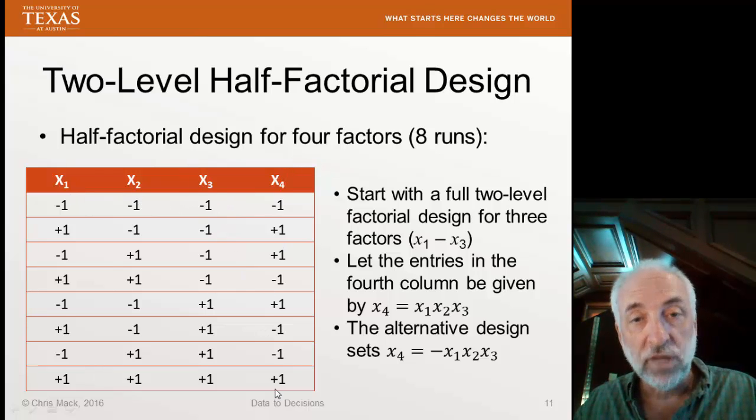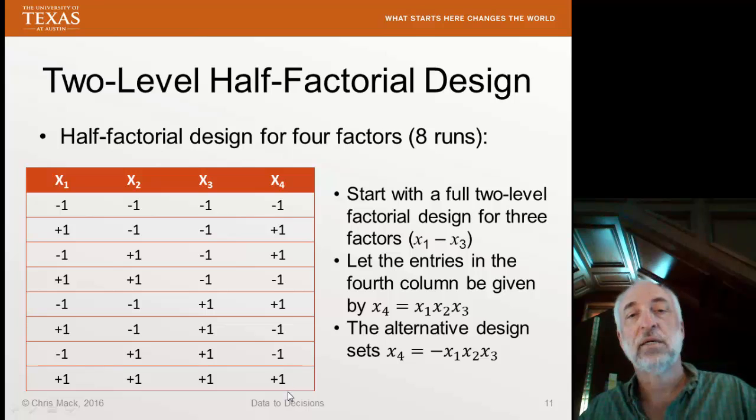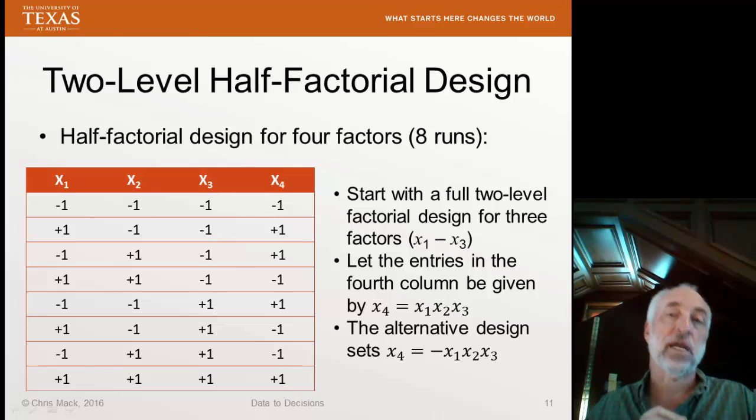Now, the 4th column, x4 for the 4th variable, I generate as the product of the previous 3 variables. So in other words, I make x4 equal to x1 times x2 times x3. So here, -1 times -1 times -1 is -1. +1 times -1 times -1 is +1, etc. And I do that all the way down, and I get the values I need for x4.